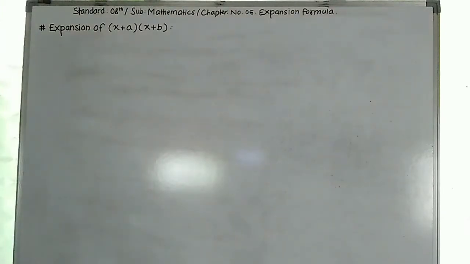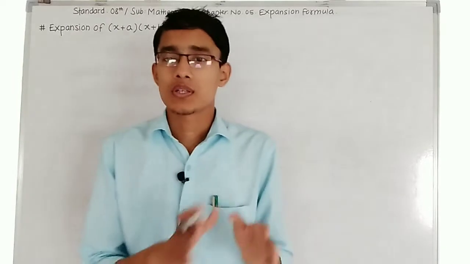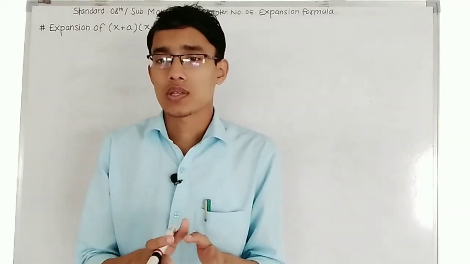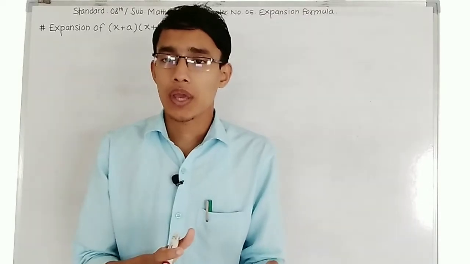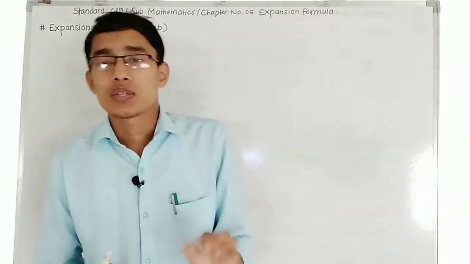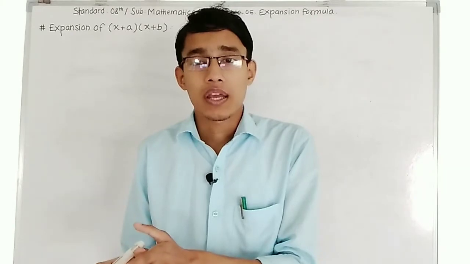In the previous lecture of this chapter, expansion formula, we have seen three basic expansion formulas: (a + b)² = a² + 2ab + b², then (a − b)² = a² − 2ab + b², and a² − b² = (a + b)(a − b).